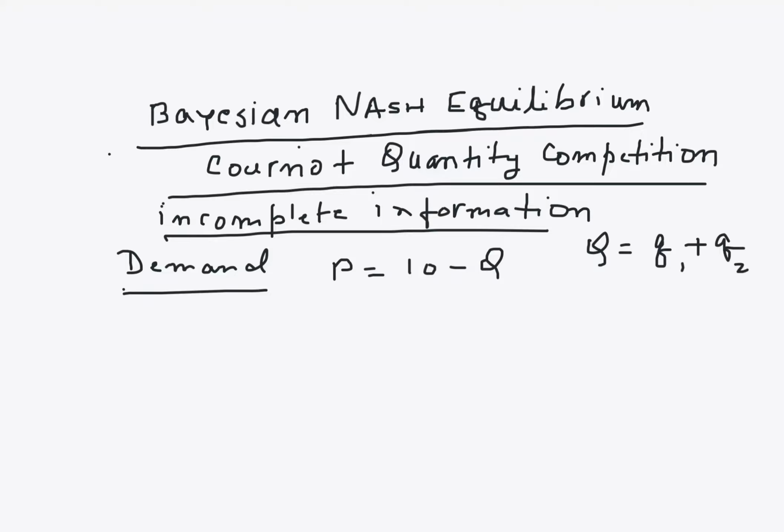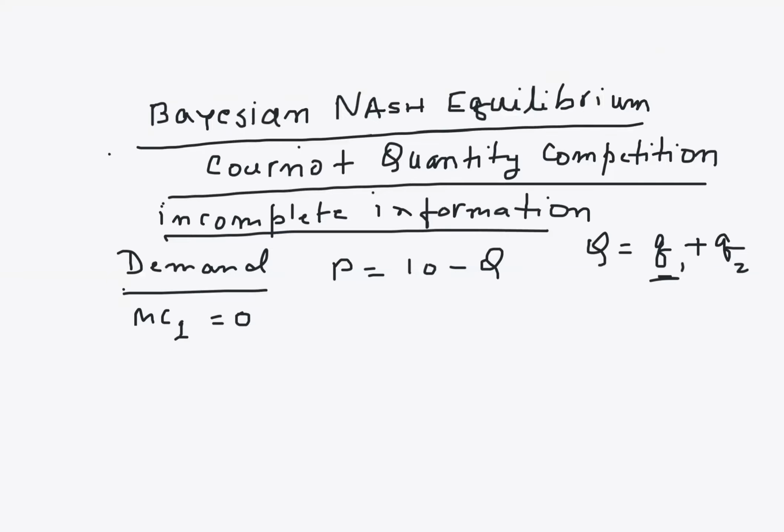So this is your total industry output. Firm 1 selects quantity Q1, and it produces this quantity at zero cost. So the marginal cost of production for firm 1 is 0. So it doesn't incur any cost.